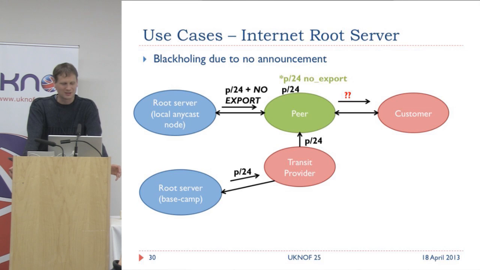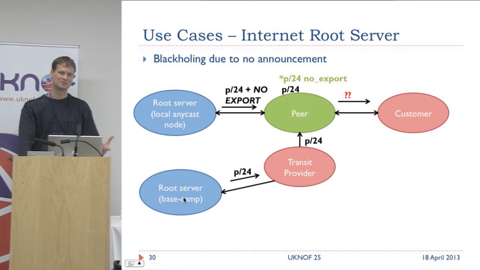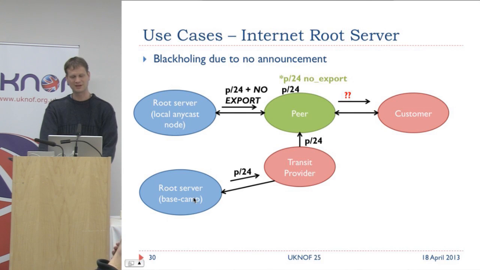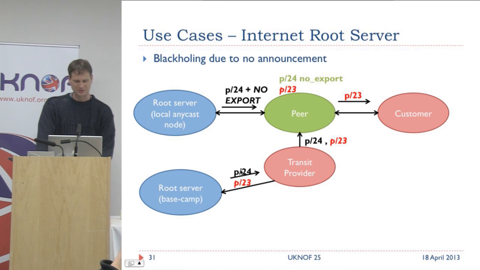So what they are now doing is they have a root server base camp, which announces a prefix that comes in via the transit provider and works almost like a magnet. It's actually a /23.